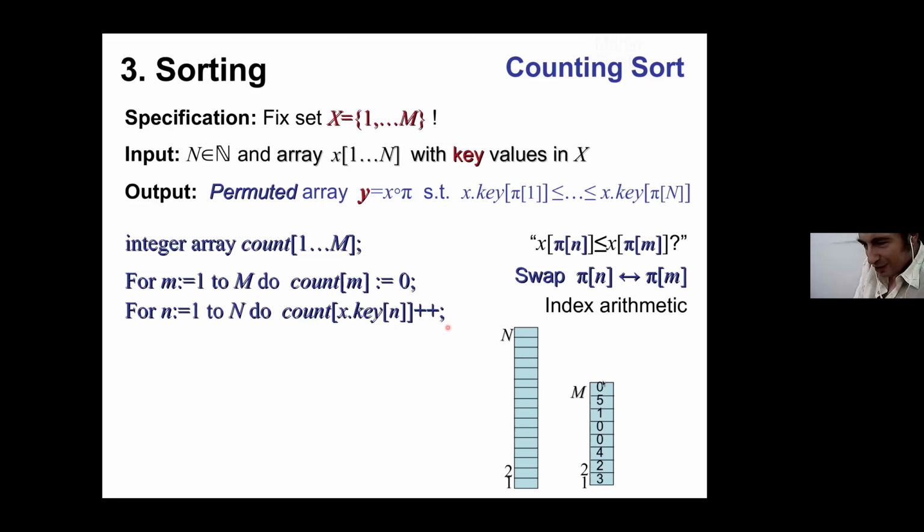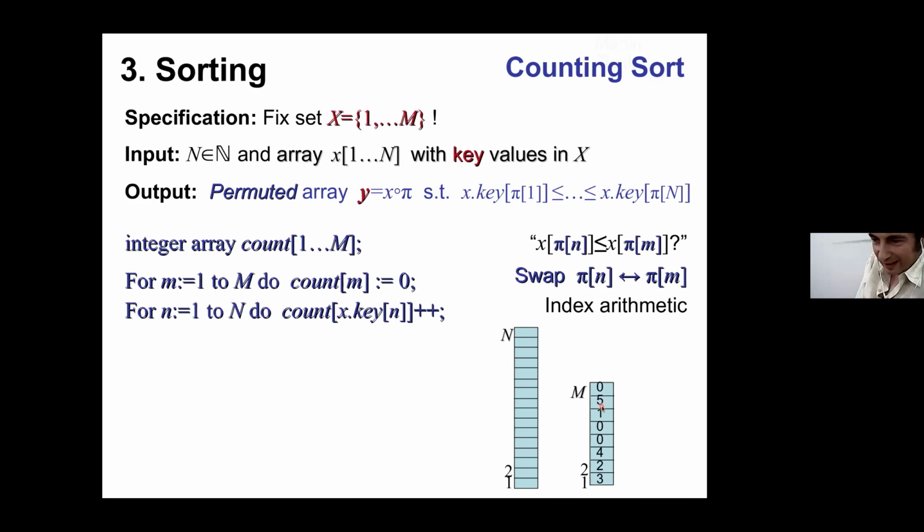This is what is done here. If I have a number capital M of keys, I write into an array indexed by the key how many elements in X have this key.